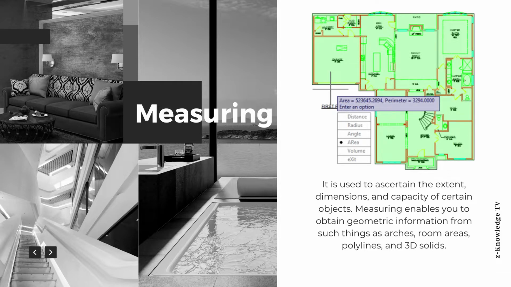So dito sa AutoCAD ay mayroon tayong measuring tools just like sa manual drawing. The difference is dito sa AutoCAD ay automatic na tayo makakapagsukat ng accurate at precise na sukat. So unlike sa manual drawing, kailangan natin ng different tools para malaman natin kung ano yung mga sukat ng ginagawa nating objects.